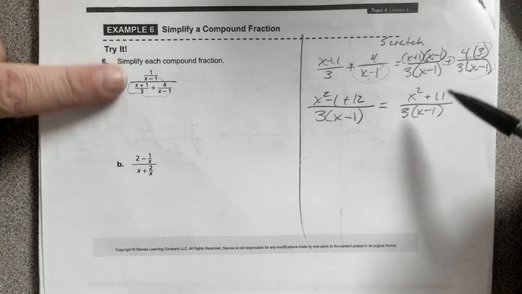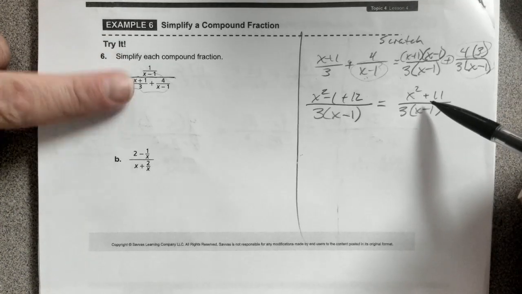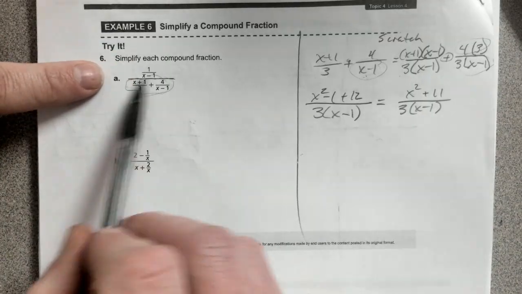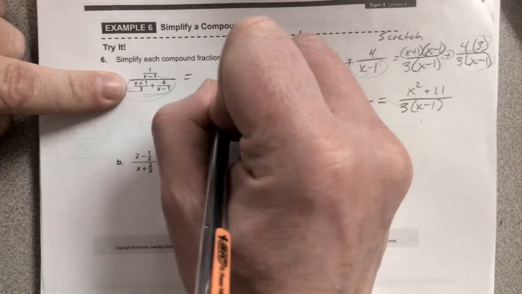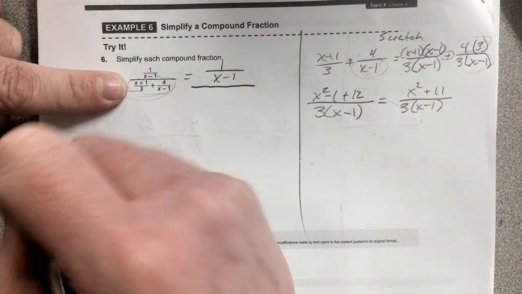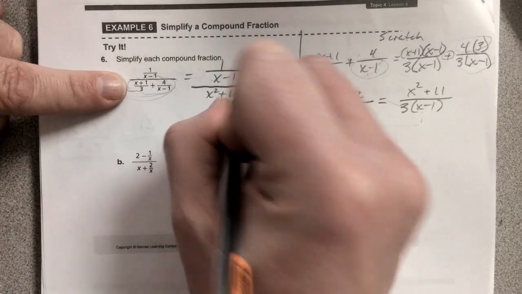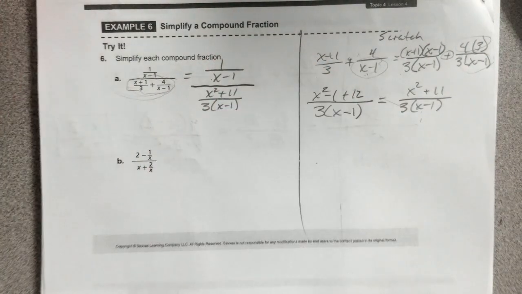At the complex fraction, did this come from the top or the bottom? The bottom, right? This is what we just added, these two down here to get this guy. So, when I go to rewrite this, I have 1 over x minus 1, all being divided by x squared plus 11 over 3 times x minus 1.